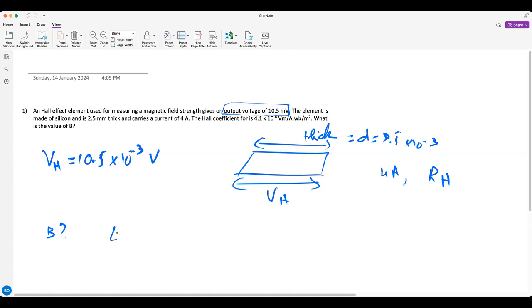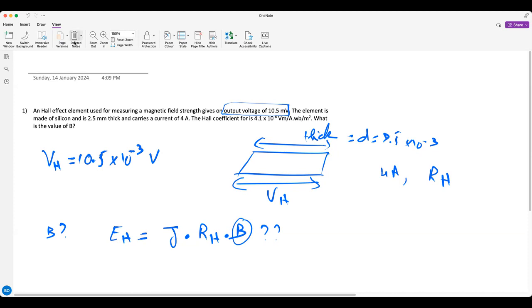We know that the Hall electric field is equal to the current density times the Hall coefficient times the magnetic field. So we want to calculate the magnetic field, right?